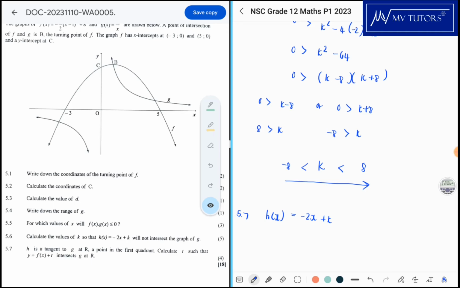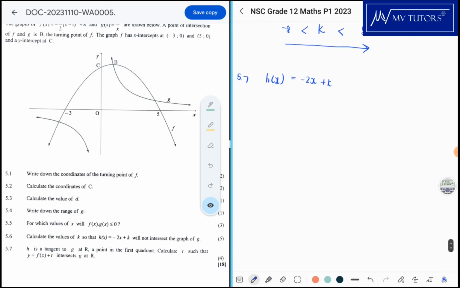All right, so h is a tangent to g at R. And what else? A point in the first quadrant. Okay, calculate t such that y is equal to f of x plus t intersects g at R. Whew, that was a load. What do they want? What are they looking for?